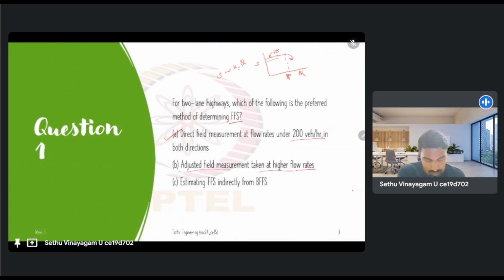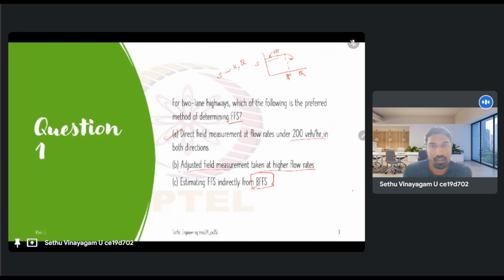And C is estimating FFS indirectly from BFFS. Here we are not taking any measurements from the field. The field conditions are ignored, other than the factors that we take into account when deriving the FFS from BFFS. We have adjustment factors for lane width, the number or density of access points, etc. We use those adjustment factors to reduce the free flow speed from the base condition to the existing condition.